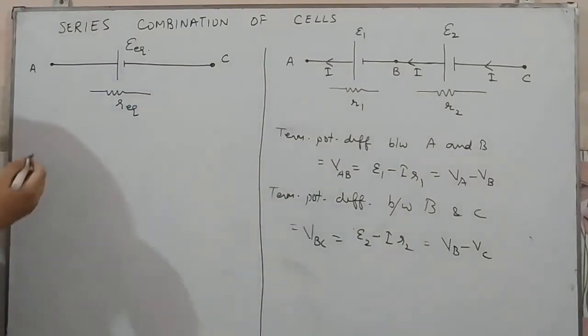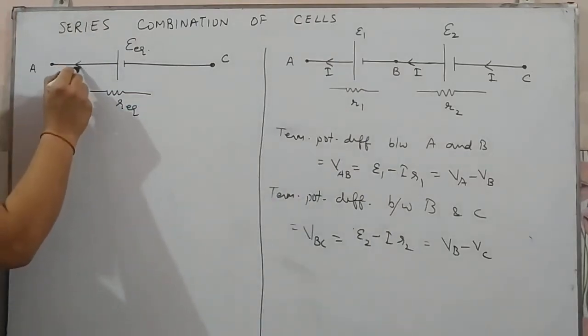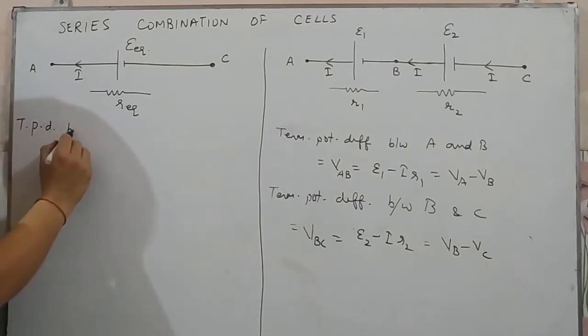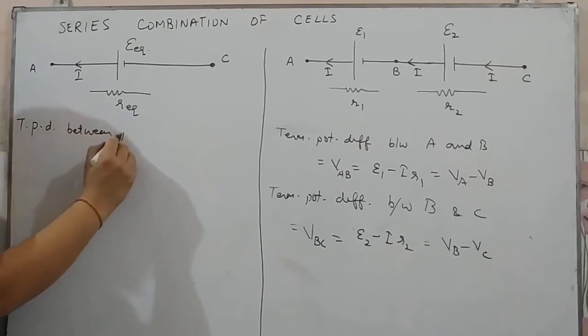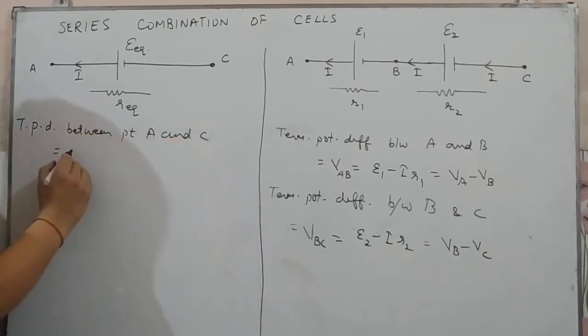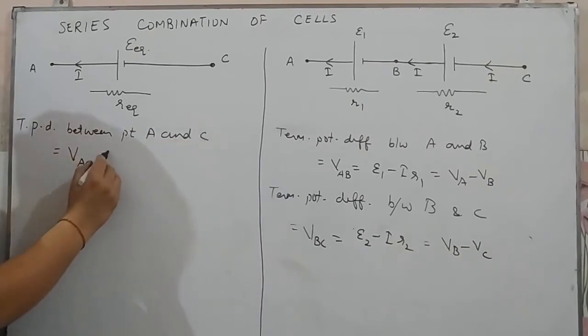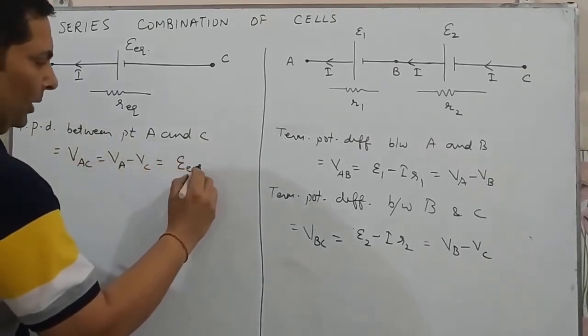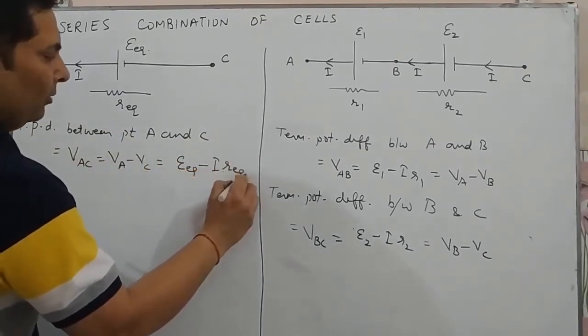So in that case, we can say that if the current flowing is I, the terminal potential drop between points A and C is V_AC equals VA minus VC equals E equivalent minus I R equivalent.